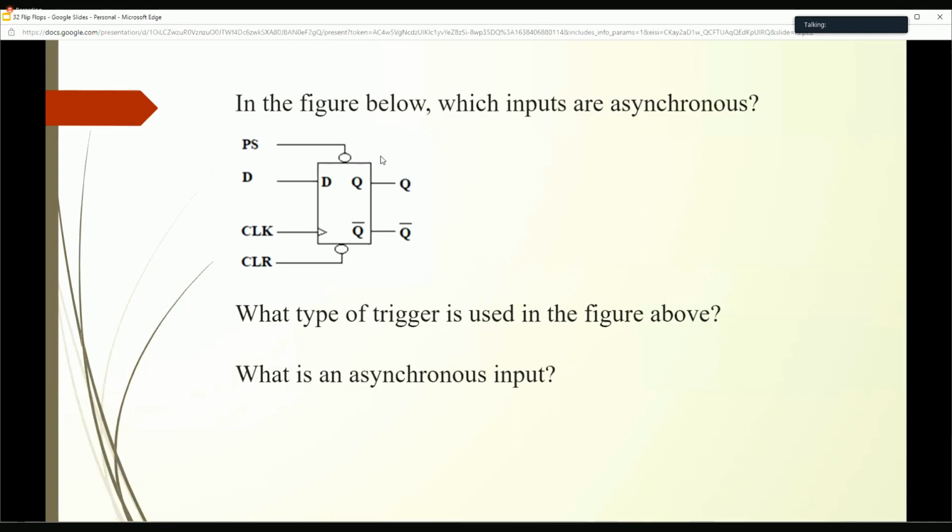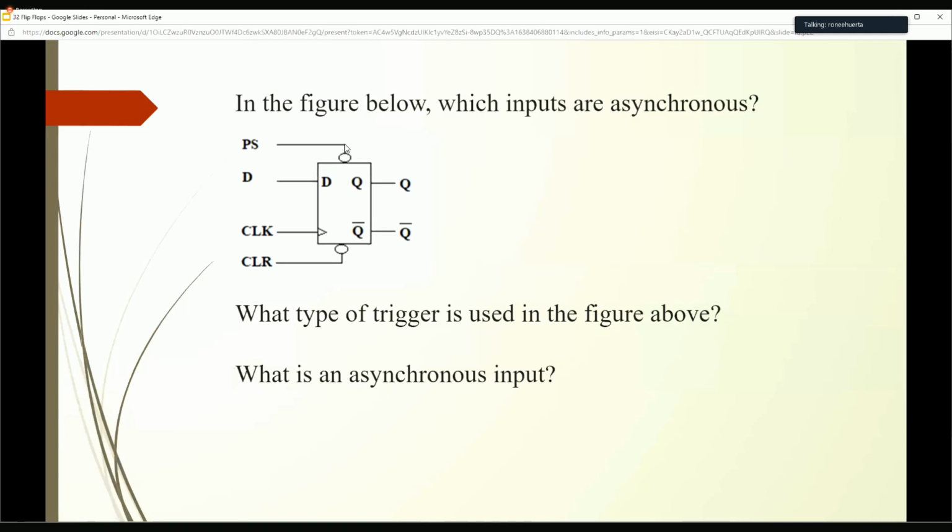Now, notice those two inputs. In terms of preset, PS, based on this state indicator, this bubble, will it be active low or active high? Is it looking for a 0 or a 1 here to be active?